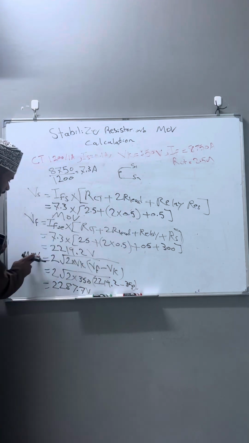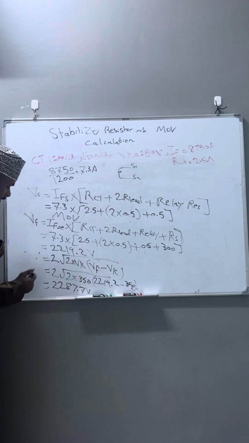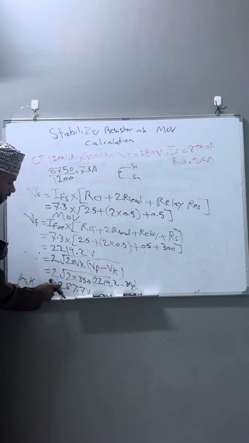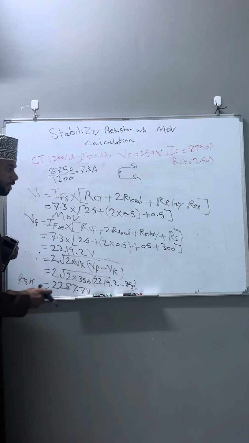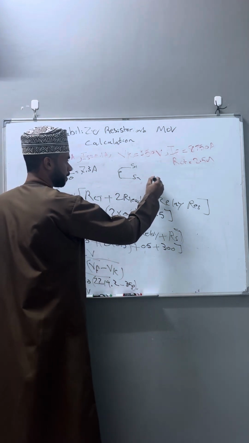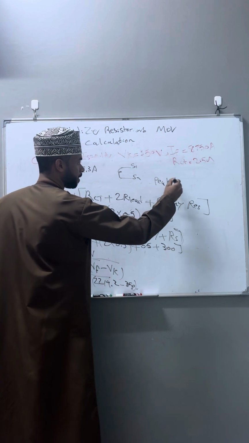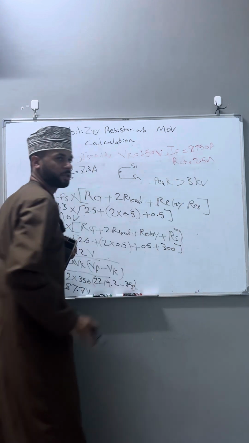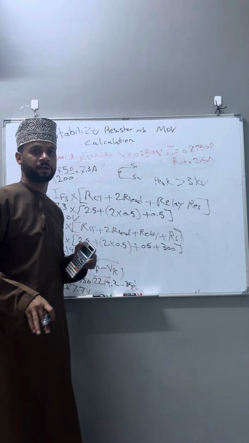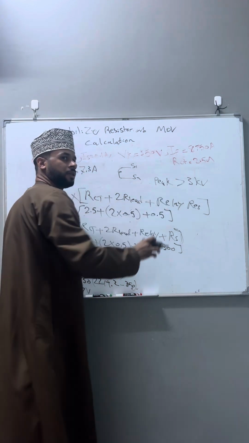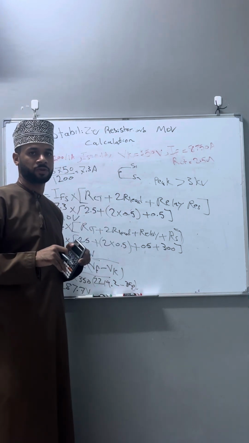So this is the stable value of the MOV. In some standards or some companies, they say if the peak voltage is greater than 3 kV, then the metrosil is required. If the peak voltage is less than 3 kV, the metrosil does not need to be installed.